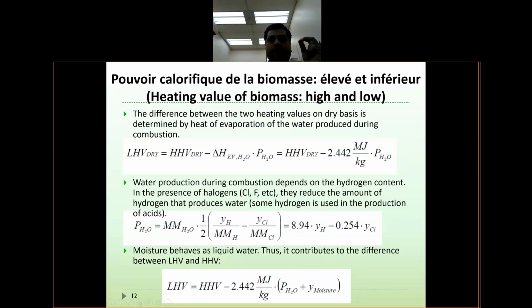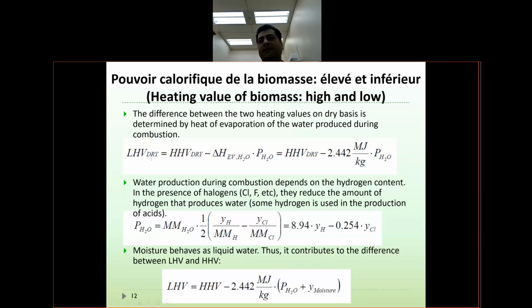In French, pouvoir calorifique élevé and pouvoir calorifique inférieur: high heating value and low heating value. So, what is the definition of low heating value and high heating value?